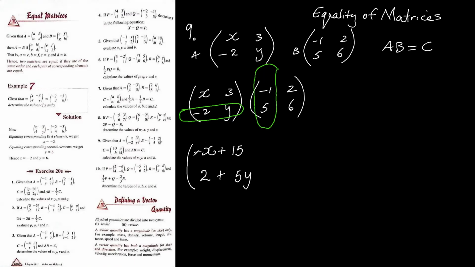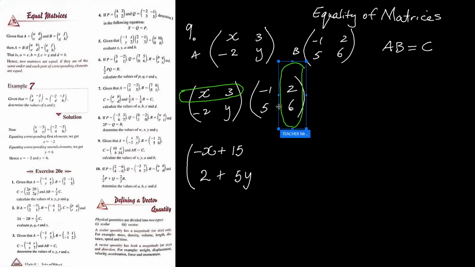Now that we did the top and bottom row, we go back up to the top, but we change the column that we were working with. So we start again. The first element or number is x. The first element in the second column is 2, so it's 2 times x, then 3 times 6.